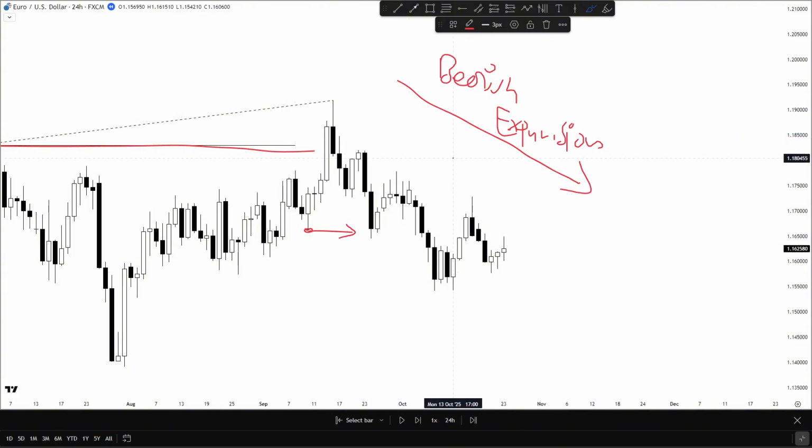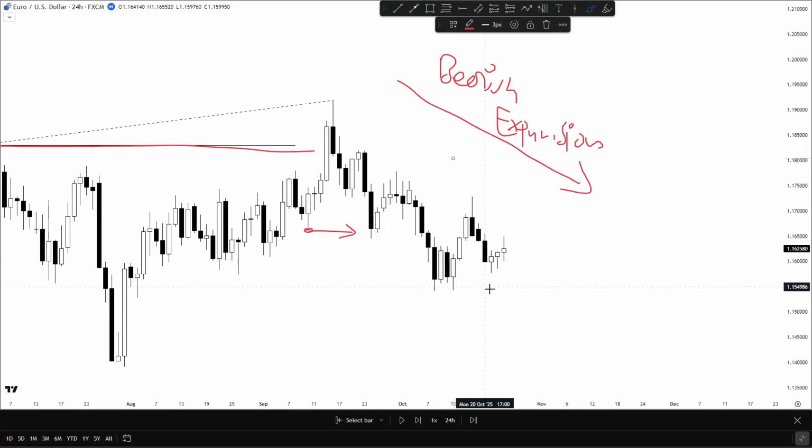Okay, now that being said, we know that price is expected to have a bearish expansion profile lower, but now the important thing here is to determine where that expansion swing is going to originate from, and then where is it going to end, meaning we have to figure out the origin and the destination for price.